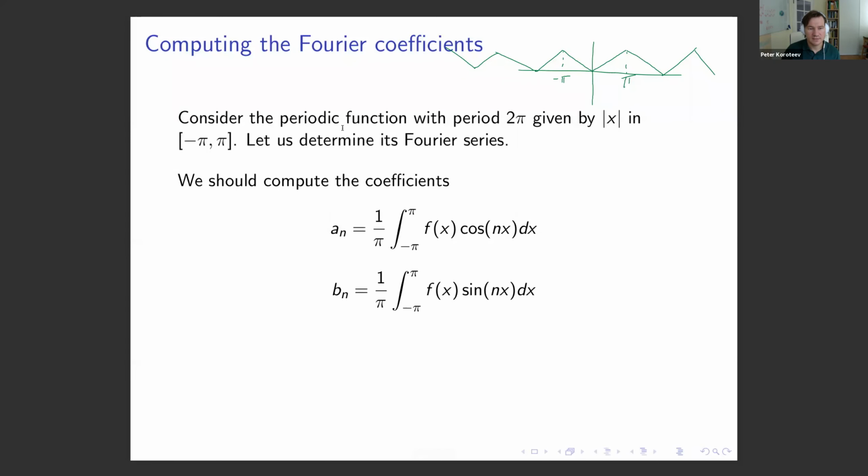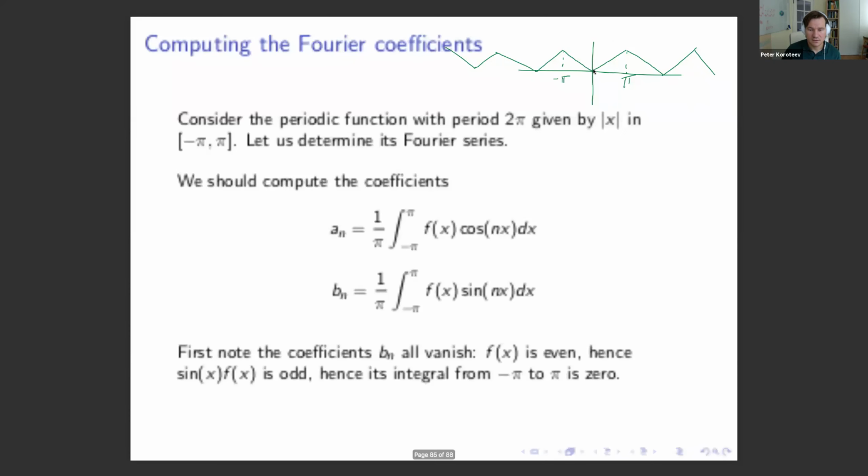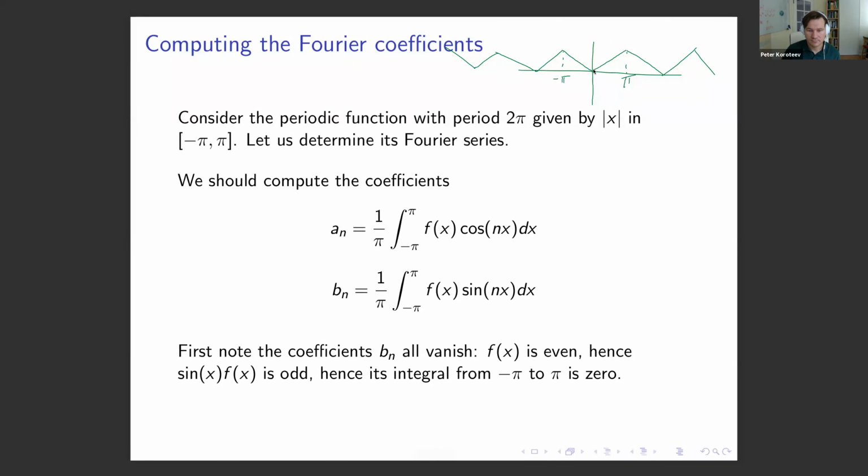Okay, here are the expressions for the Fourier coefficients. In this case, b coefficients will vanish, right? Because this function is even, so this integral is equal to 0.